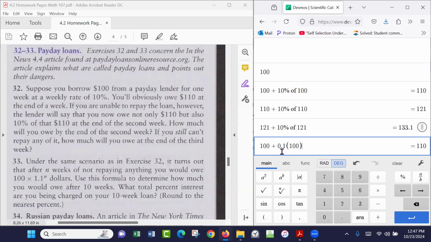Then we can pull out the 100, like reverse distributive property, if you remember from algebra. And we can go 100 times 1 plus 0.1 or 10%, which also gives us 110.